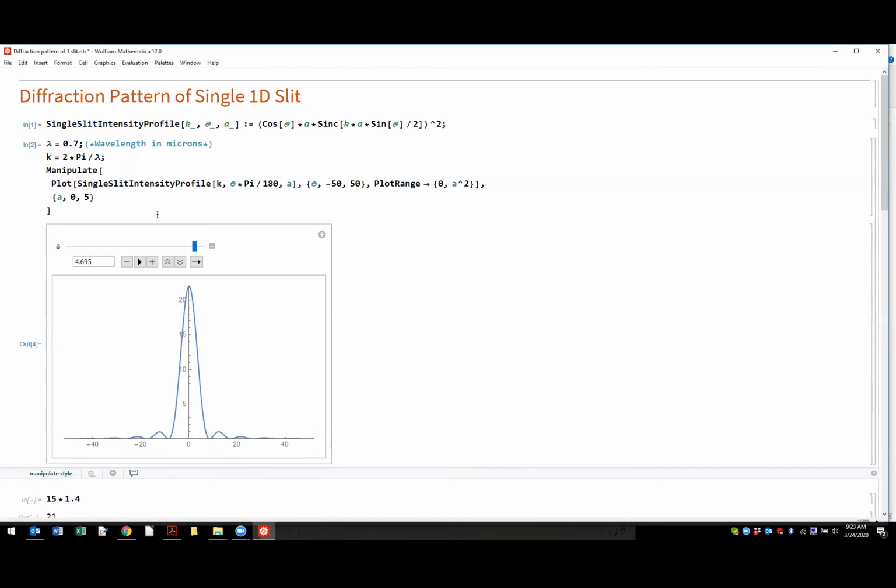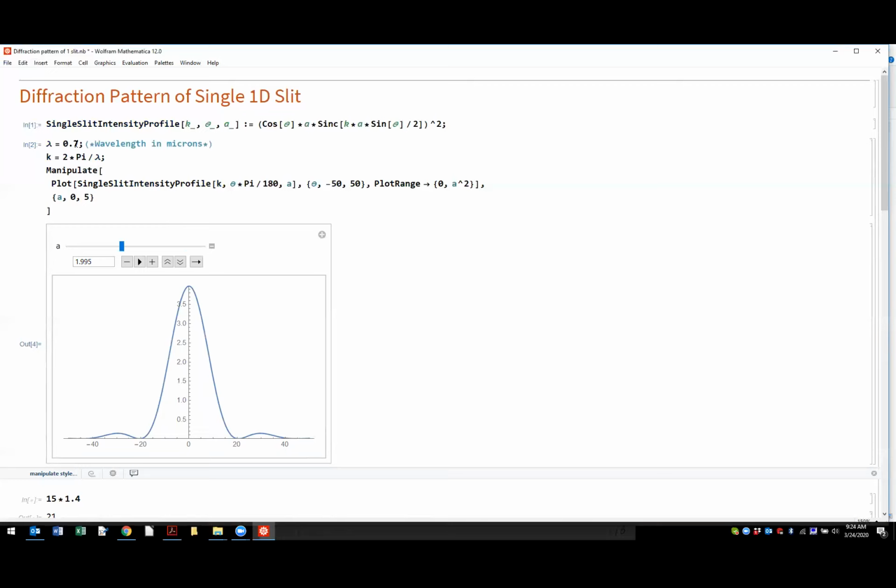Anyway, so here we've got a diffraction pattern, and let's make it so that the aperture size is 2, or very, very close to it.